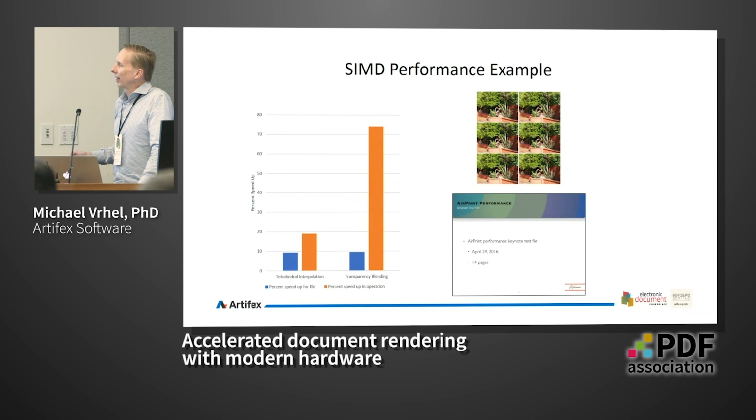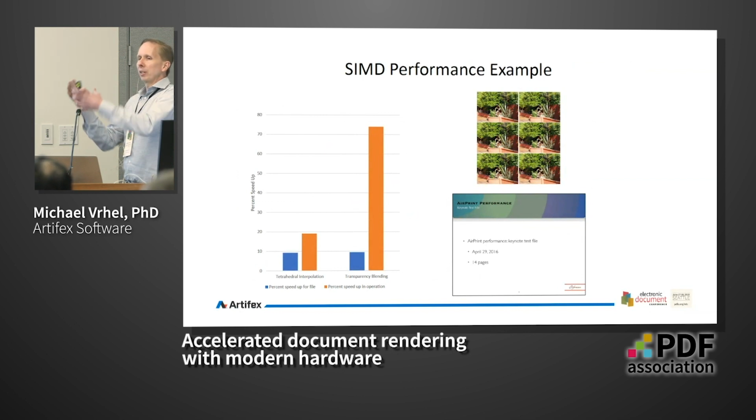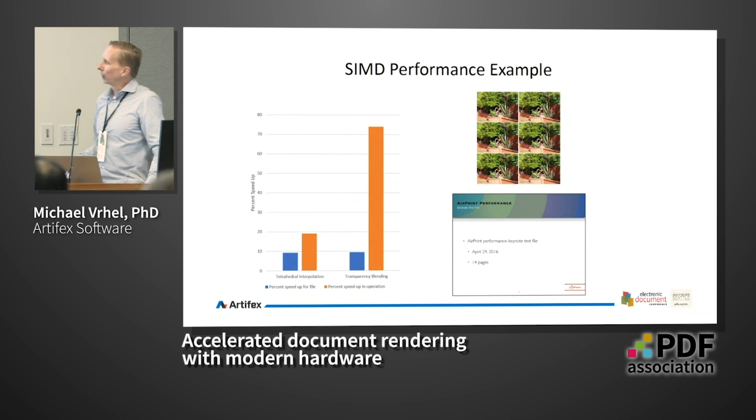Tetrahedral interpolation is a difficult one to implement because there are lots of decisions that need to be made to determine which tetrahedron you're actually in before you can do the interpolation. So for this particular file, the speedup is only a little shy of 10% using the SSE implementation. If I look at the actual function doing the interpolation, that's almost a 20% speedup.